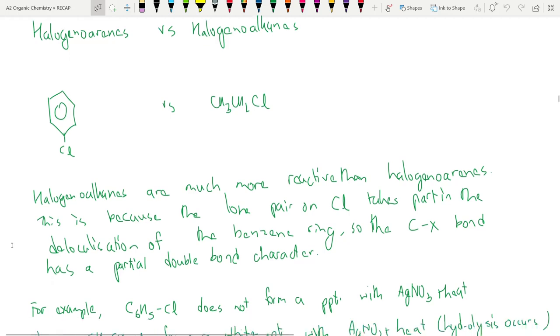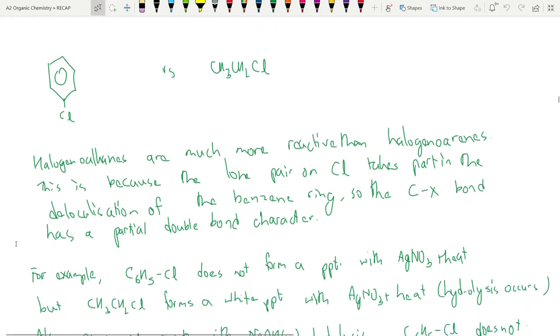So basically, the halogenoalkane is much more reactive than the halogenoarene, mainly because the lone pair of the chlorine takes part in the delocalization of the benzene ring. Okay, so the C-X bond in the aryl chloride has a partial double bond characteristic. That's why it's so hard to break. That's why the aryl chloride is much less reactive, I mean.